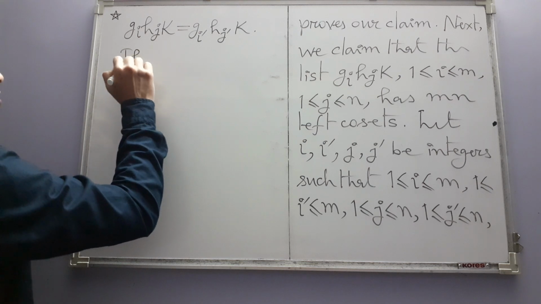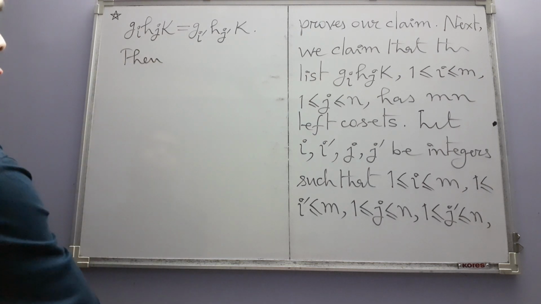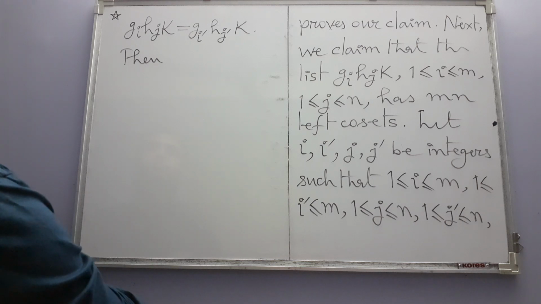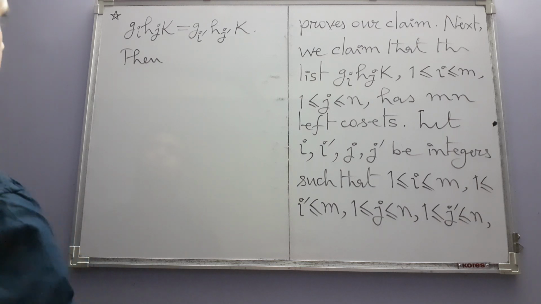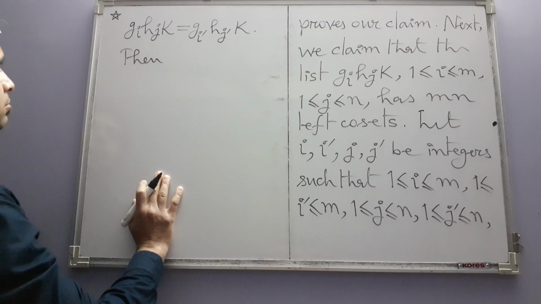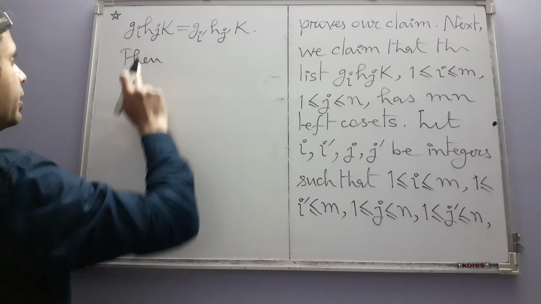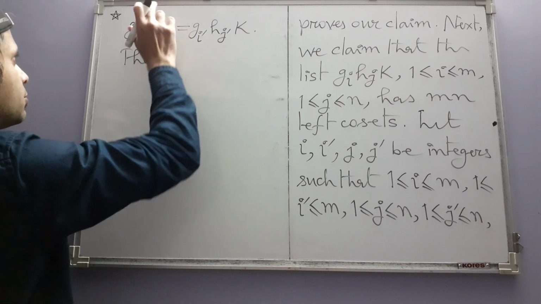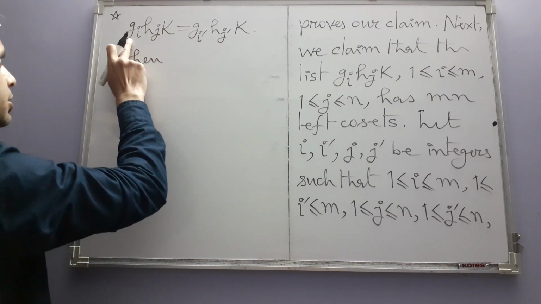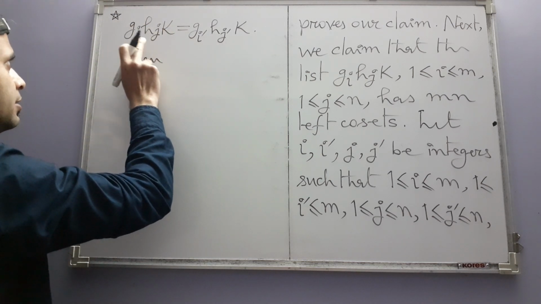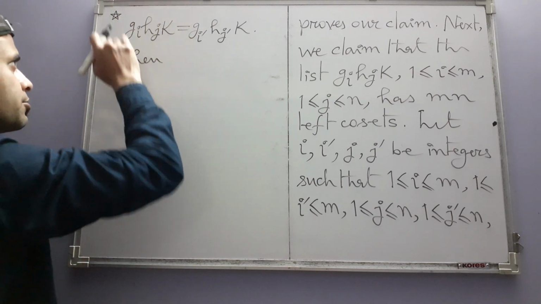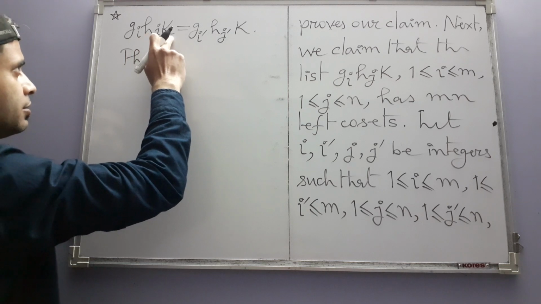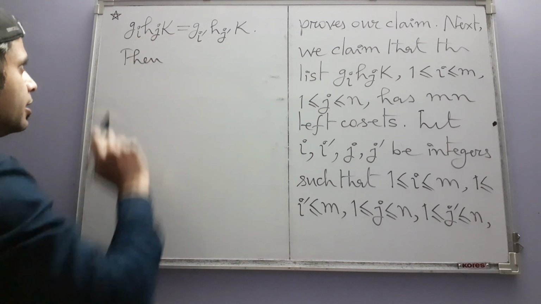Then what do we get from this? Note that this element that is giving the left coset on the left hand side of this equation, that is GIHJ, itself of course belongs to this coset, because you can consider GIHJ times E, the identity element.